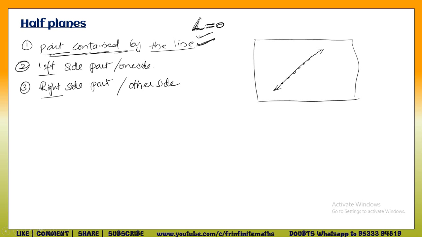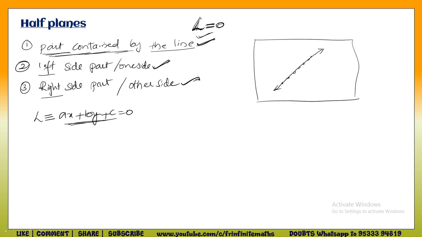Next, there is one side and the other side. So there are two more portions, and we are going to discuss these two portions now. Since whenever you substitute in this line equation, ax plus by plus c equal to 0, this is my line equation.